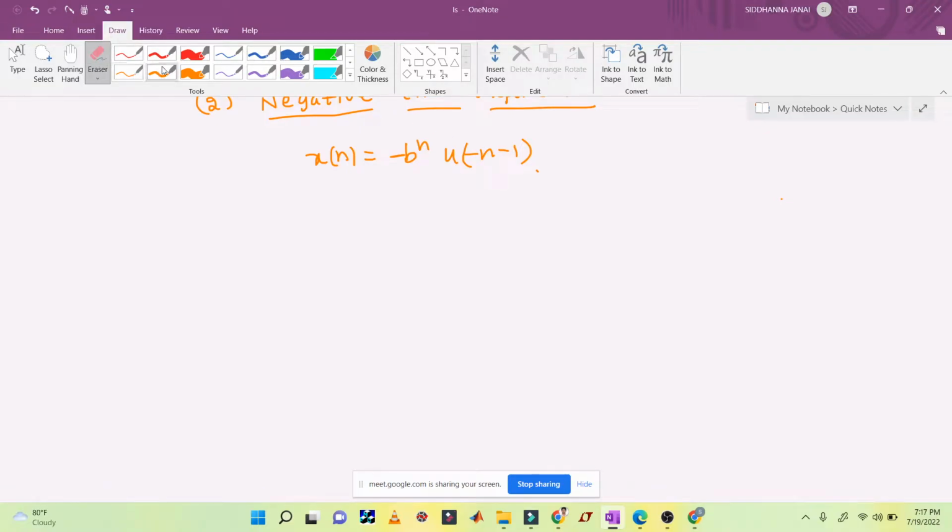So first what we have to do, we need to understand what this sequence is, the limits of this sequence, then we can simplify it for x of z.